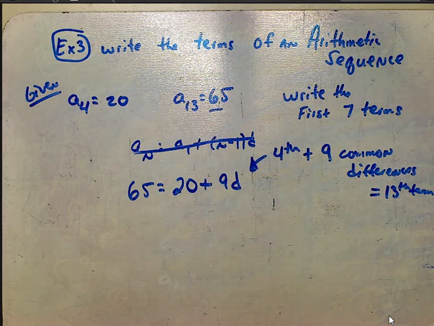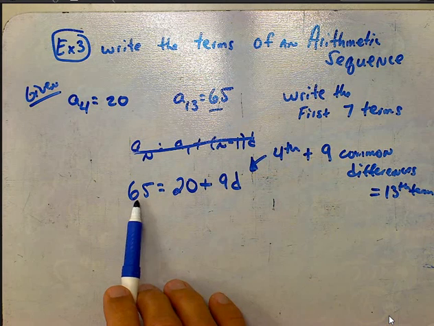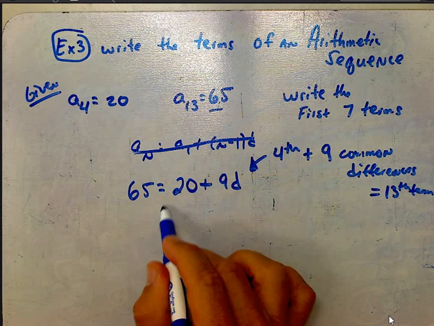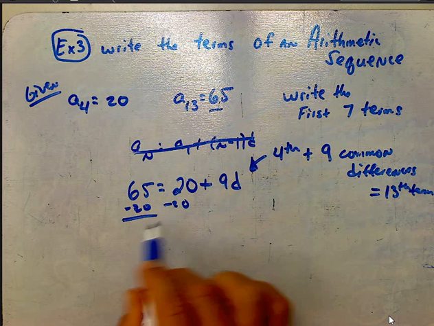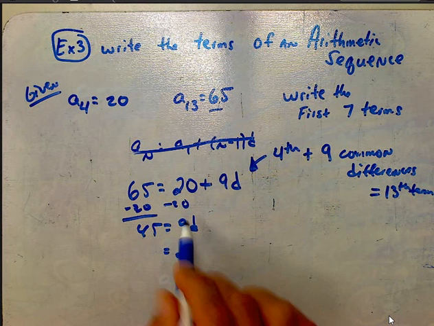Okay? So the 13th term is 65, the fourth term is 20 plus 9 common differences. So if I subtract 20, I'll get 45 equals 9D. That means the common difference is 5, so divided by 9.